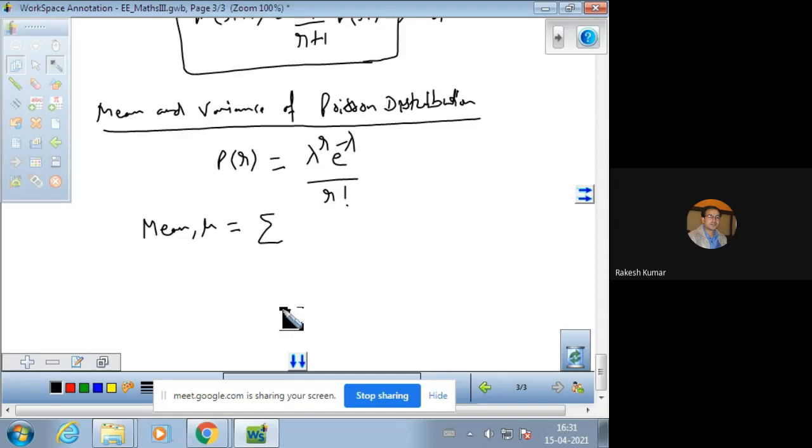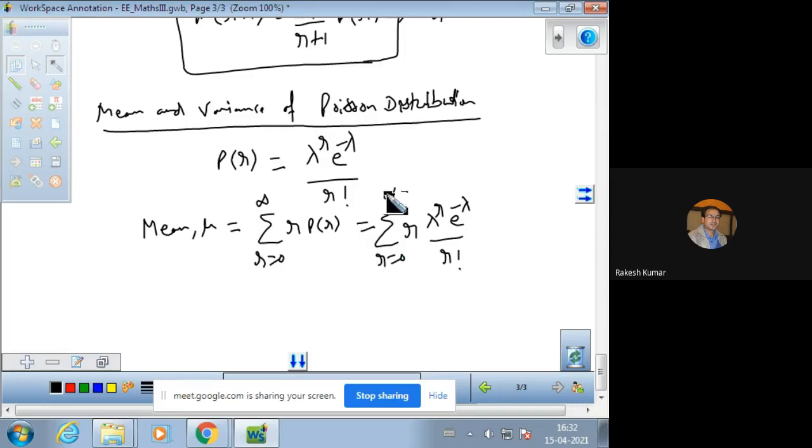Because this is for a discrete variable, you can take the summation. So mu is the summation of r from 0 to infinity, that is r into P of r. So that is summation of r lambda raised to power r, e raised to power minus lambda, on r factorial, r from 0 to infinity. Now you see, this value depends upon the value of r, because whenever r varies, this value will change.